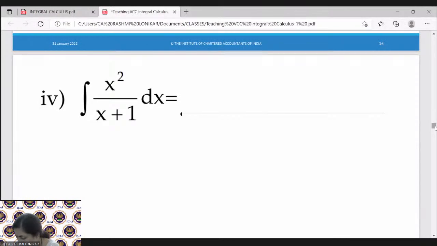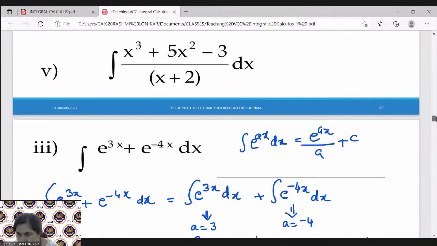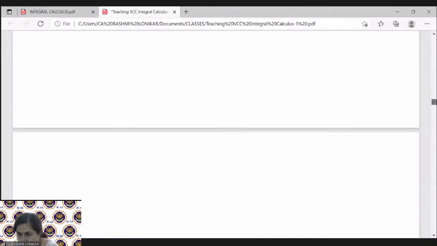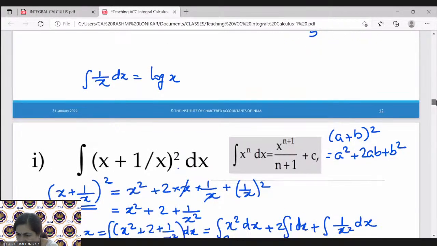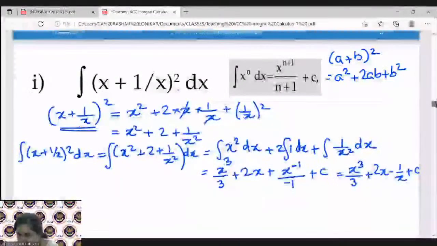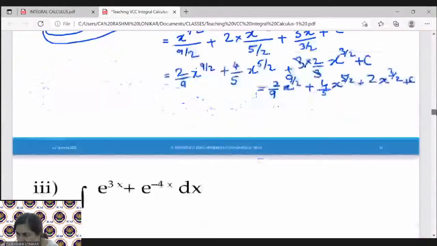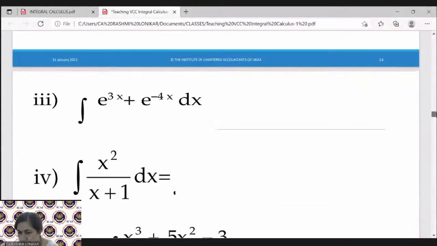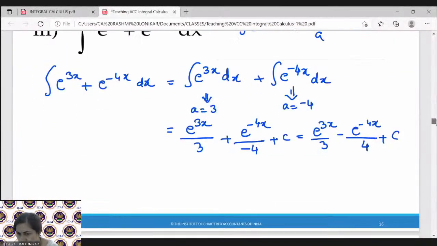Where do you want the minus sign? No, that is plus. Okay, so there is no minus sign over there, right?